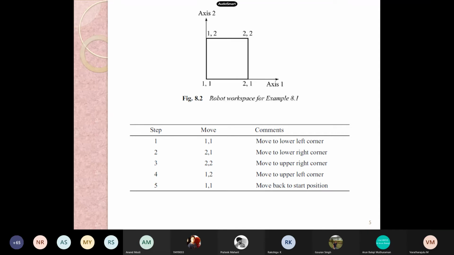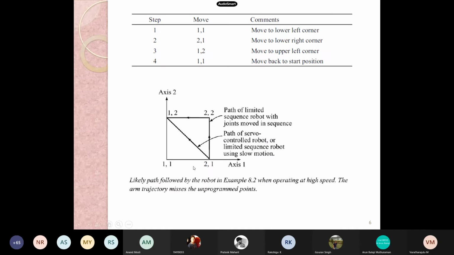And what happens when we remove this point 2 2? Here there are two possibilities. The question that arises is what path the robot will follow in getting from the first point to the second point.